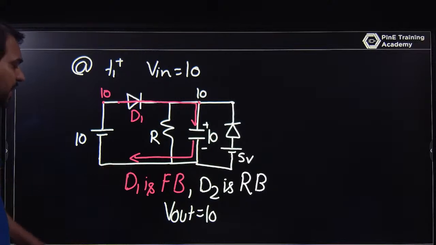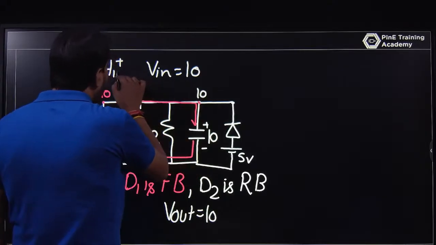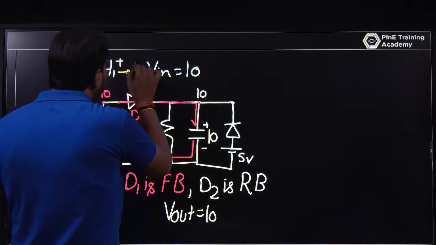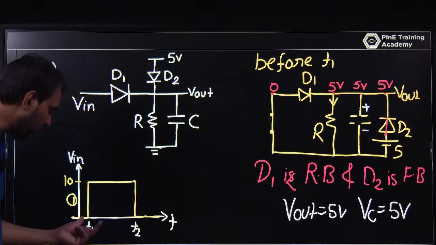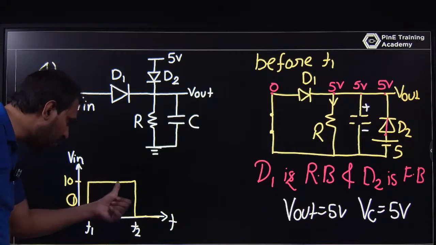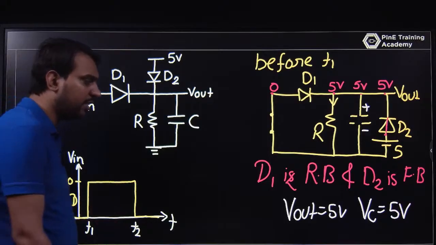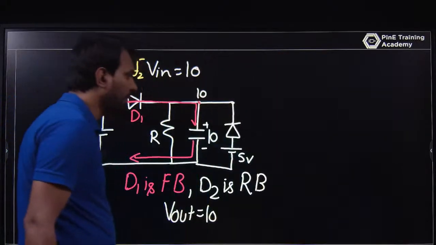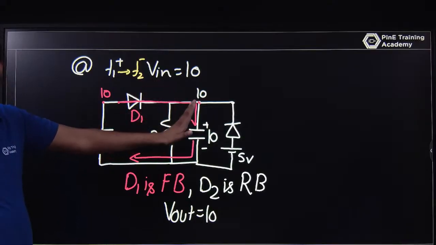This is the condition from T1 plus to T2 minus. This is the circuit. If you look at the input voltage after T1 plus to T2, the input voltage is 10 volt always. If the input voltage is 10 volt always, the circuit remains the same, and it keeps that voltage.